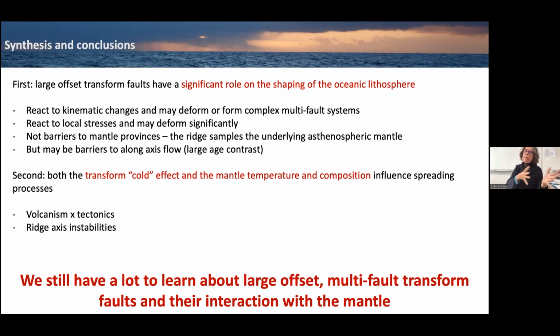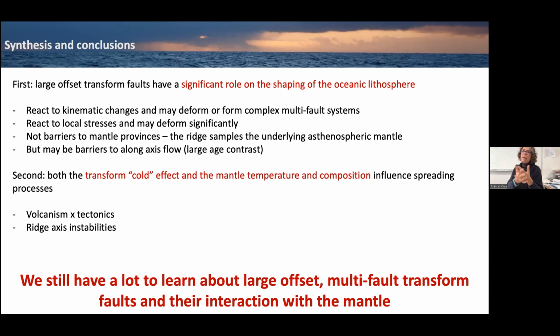But they might be barriers to the propagation. If you have a strong age contrast, as we do along transform A, which is about 20 million years age contrast, then we will have some resistance to the propagation of the ridge segment, and therefore the transform will have to deform. So there is some interplay between the transform itself and the mantle.